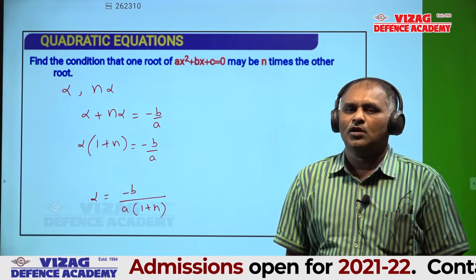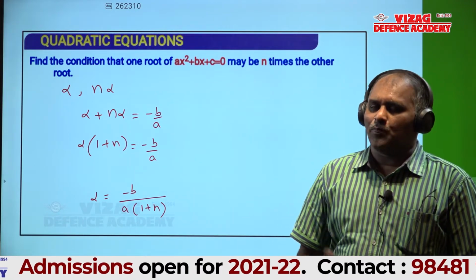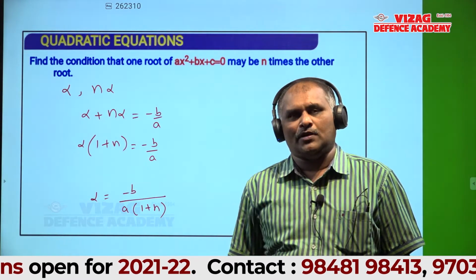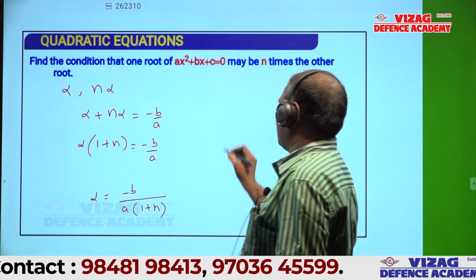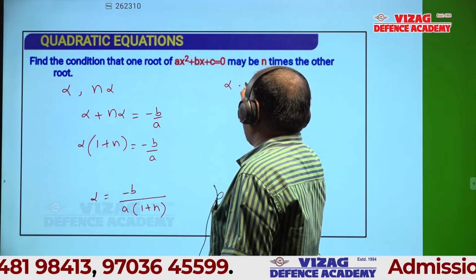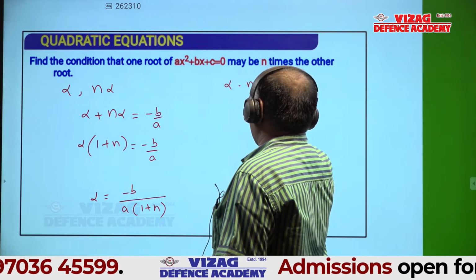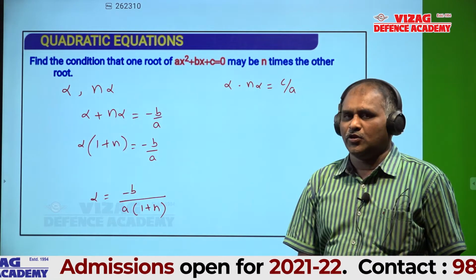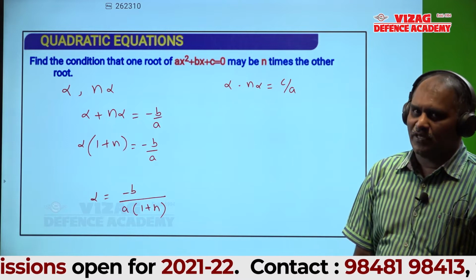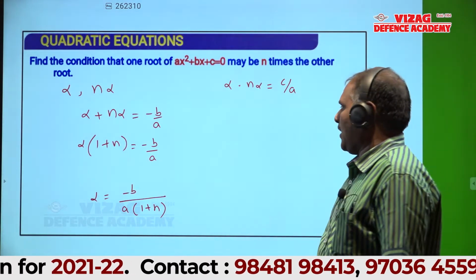What is the product of the roots formula? C by a, very good. Here alpha into n alpha is equal to c by a.